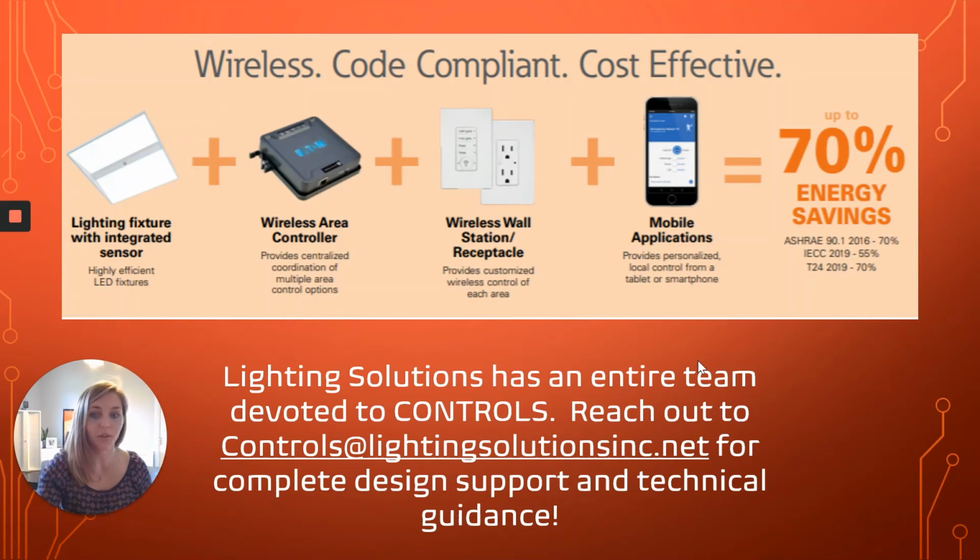And again, no, you're not going to carry your phone around to turn a light on or off. You don't need to have your phone or iPad with you to dim things, but the app is great for adjusting settings and making sure you're hitting codes and making things function the way your client wants the space to work. All of this equates to about 70% energy savings, which is awesome.